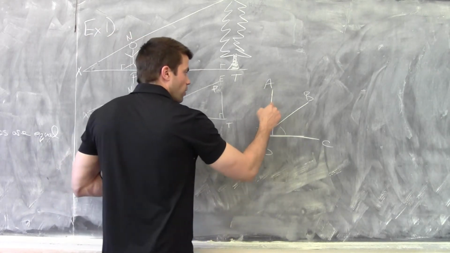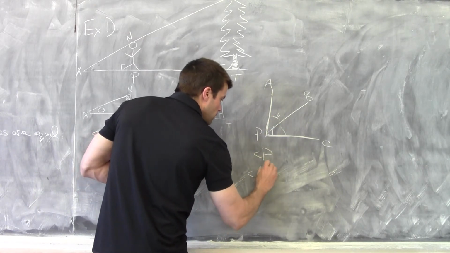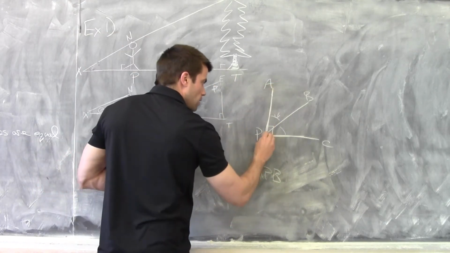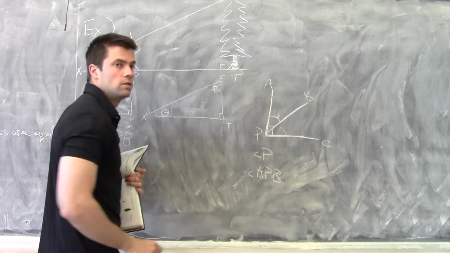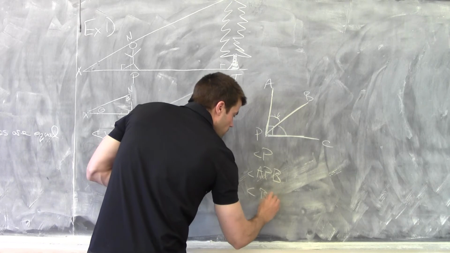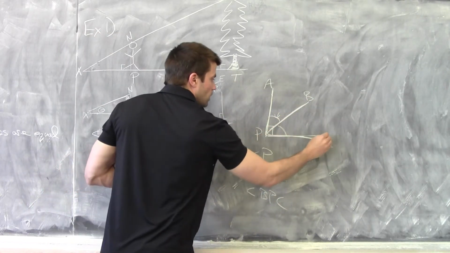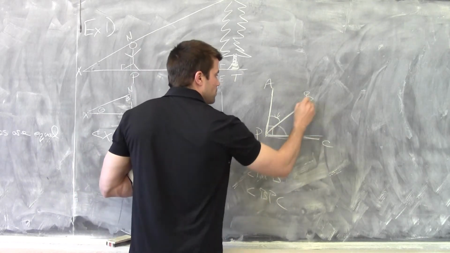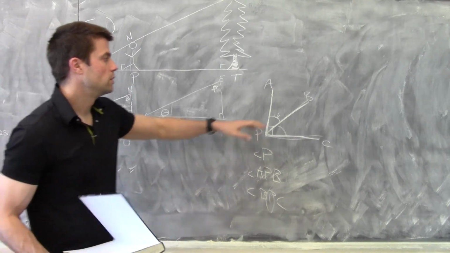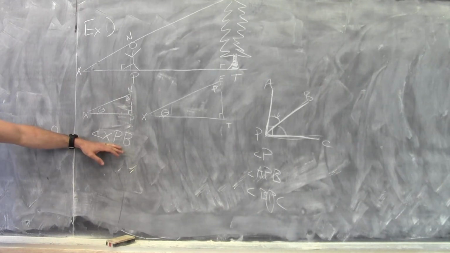Okay, that's why if I want to call this angle out, I say angle APB. Okay, that means I'm talking about APB, this angle. If I want to call this angle out, I say angle BPC. Okay, BPC. And it wouldn't have mattered if I called it CPB. The important one is the P in the middle, and then you've called out the direction of the angle. Okay, so that's why we use this nomenclature.